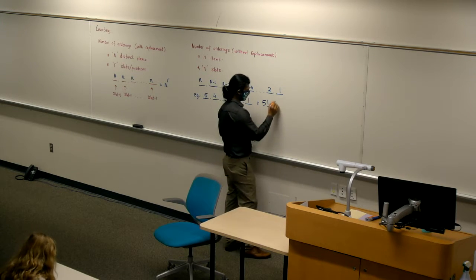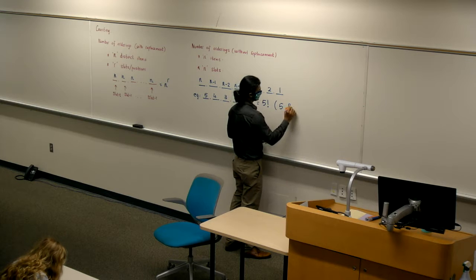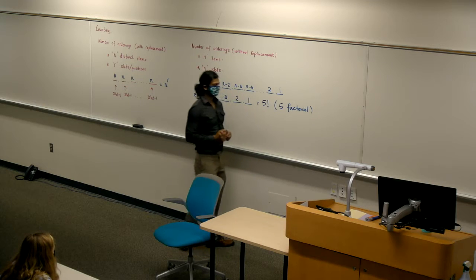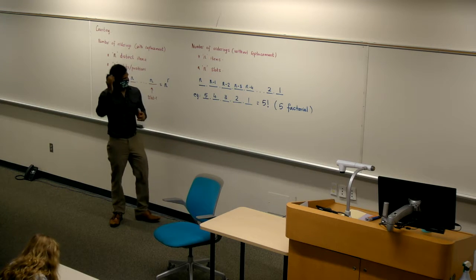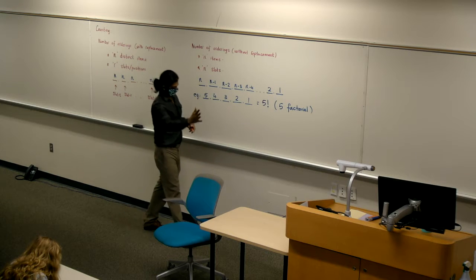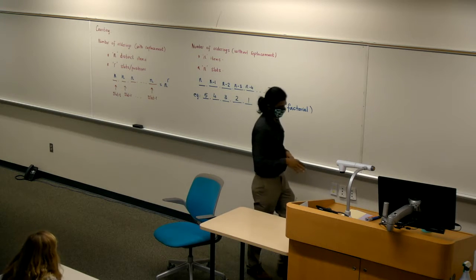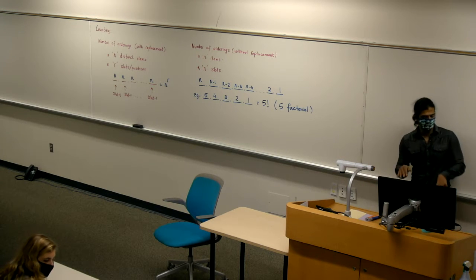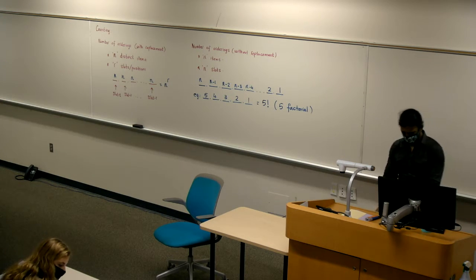Factorial of 5, or 5 factorial. So for the number of orderings without replacement, with n items and n slots, we simply have n factorial, like 5 factorial.